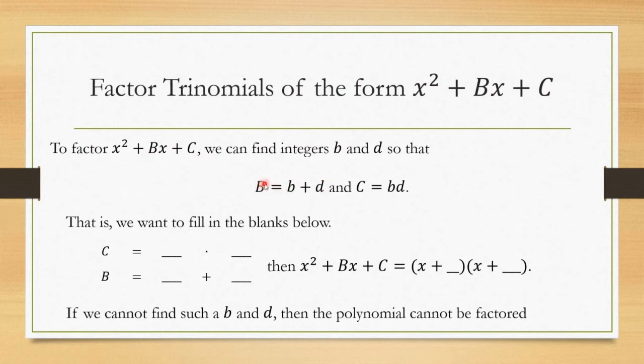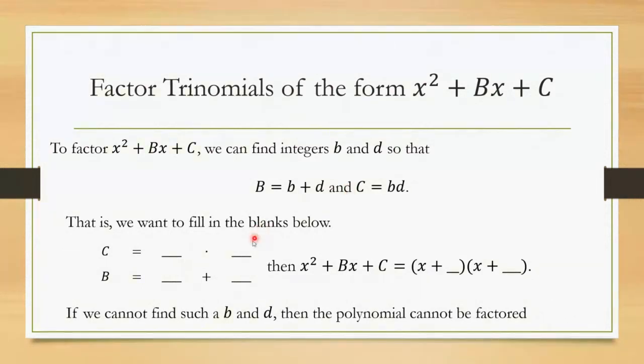So you want 2 numbers whose sum is the coefficient of x, and whose product is the constant term.